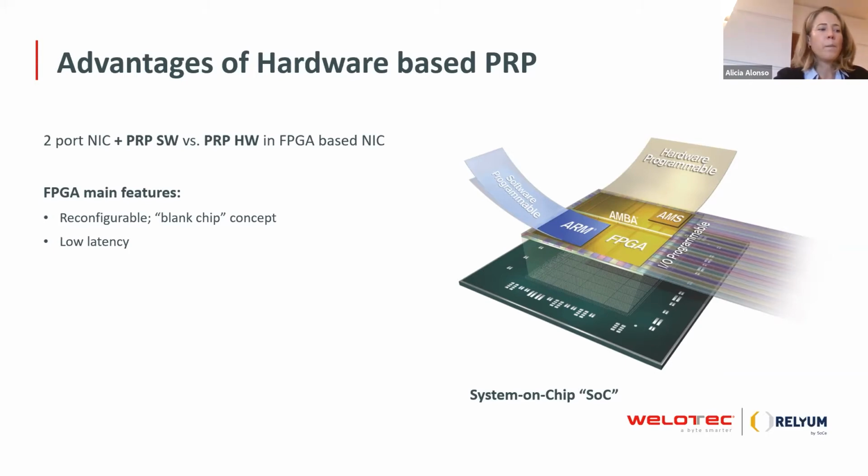So as a blank chip, the functionality of this device will depend on the design that is loaded on it. And you can load different designs and the behavior of the chip will change depending on the design that is loaded on it. So this is one of the characteristics of FPGAs.